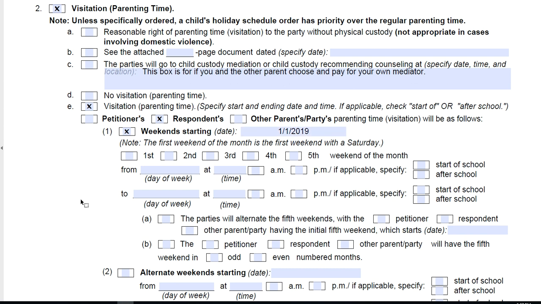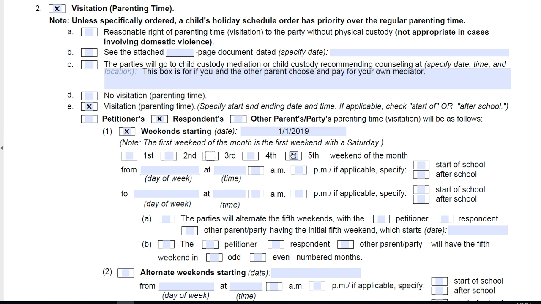Then you get to choose. If you just leave this blank, leave this at weekends, then it means every single weekend the respondent will have visitation with the children. You can choose so that the visitation is only on the first weekend, or second, or third, or first and third, or first, second, third, and fifth, or any combination you want.